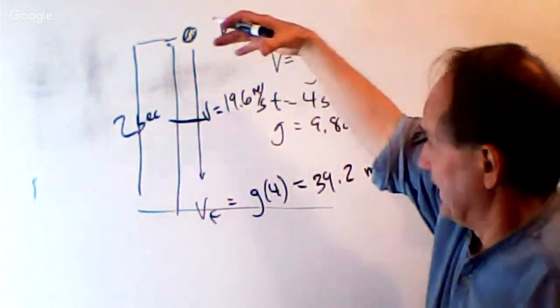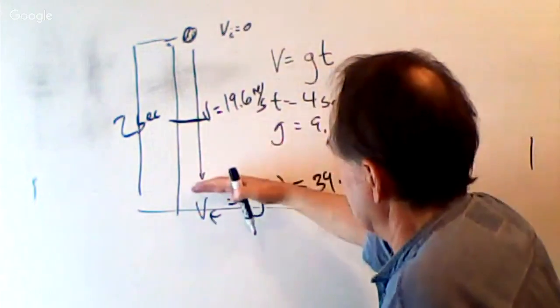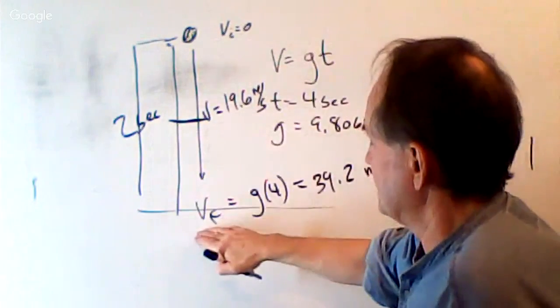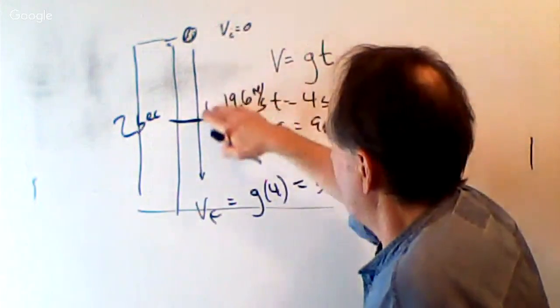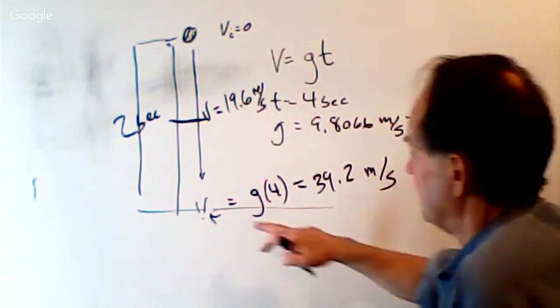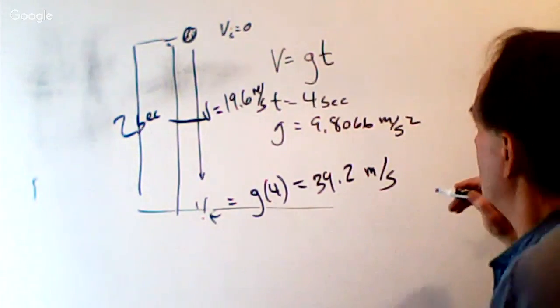So if you release an object and let it fall, its velocity will increase linearly with time. Double the time, the velocity doubles. Have 1/4 of the time, it has 1/4 the velocity it would have at the time that it takes to hit the ground. So it's a linear rate of change.